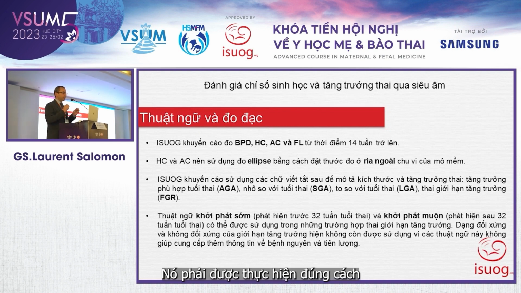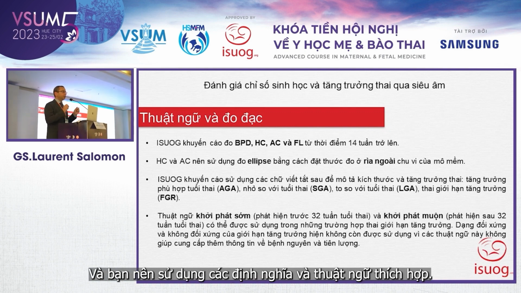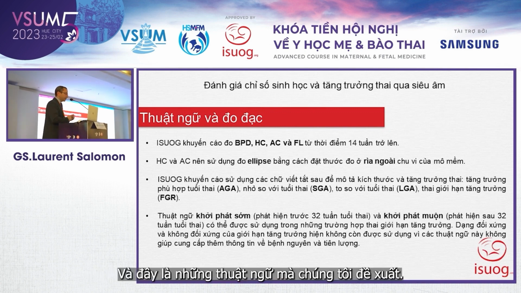It has to be done properly, following quality criteria that we will discuss later on, and you should use the appropriate definitions and terminology. And these are the terminologies that we recommend.